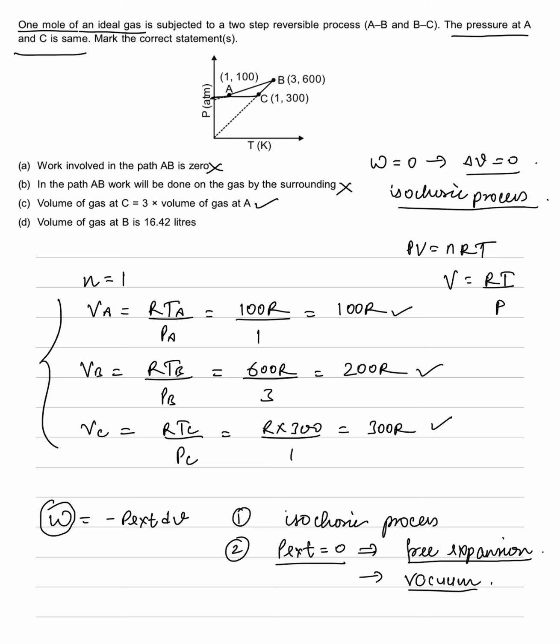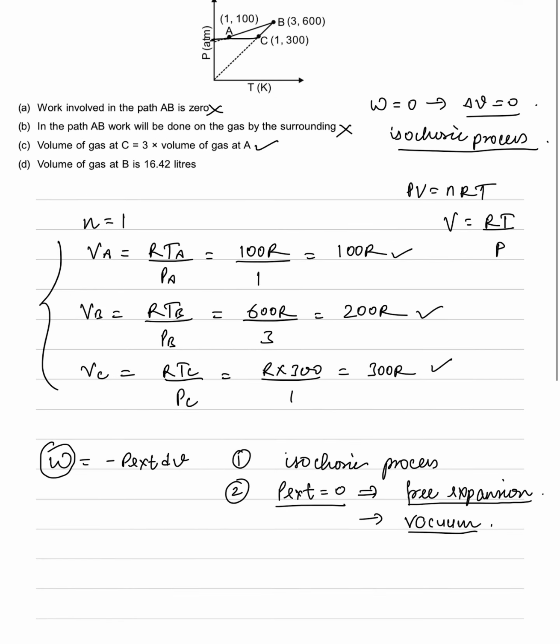And option D, volume of gas at point B is 16.42 liters. Let's try to find it. VB is 200 R, right? We have already calculated it. Since the pressure is given in terms of atmosphere, we use the value of R equals 1 by 12.